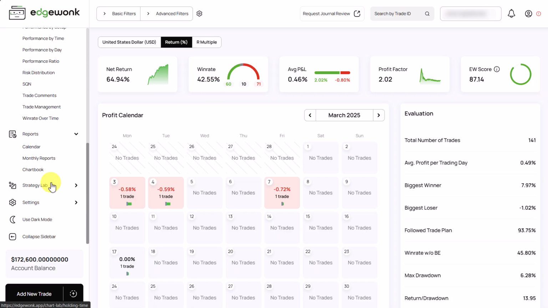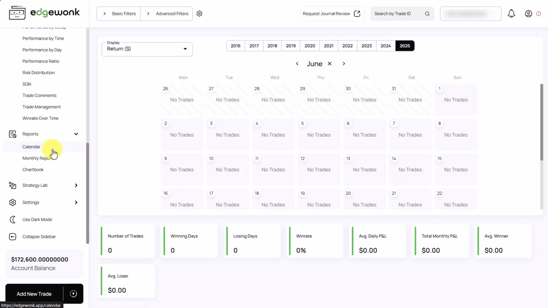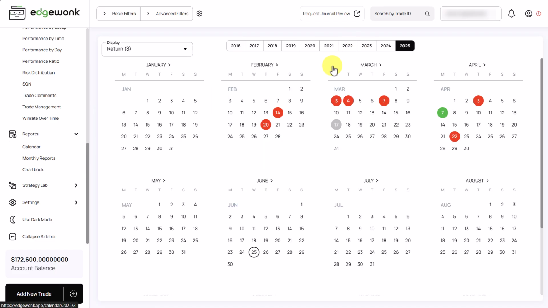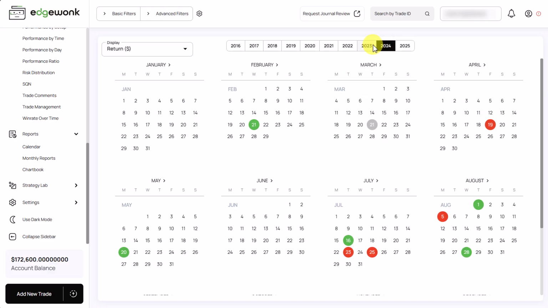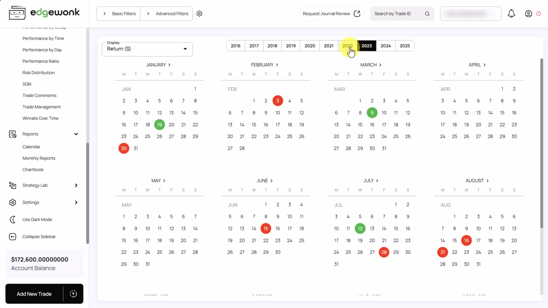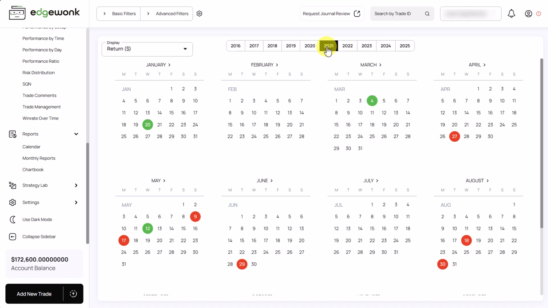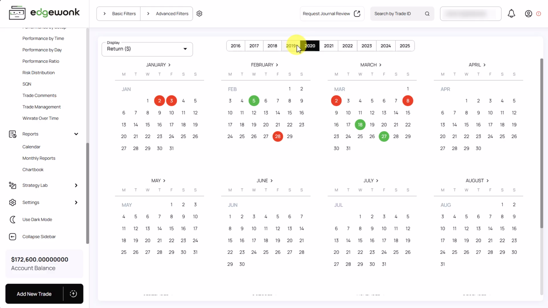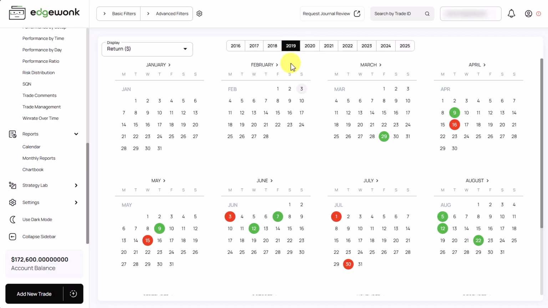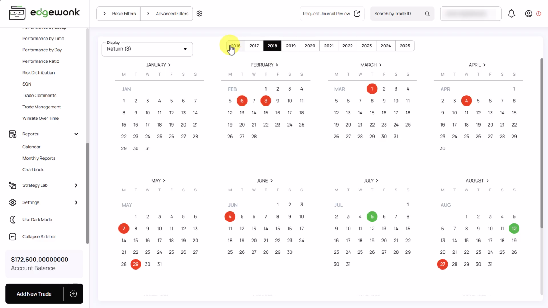What I find interesting, because this is a swing trading journal and there are differences for a swing trader and a day trader, of course, is that when we take a look at the calendar, there are only a handful of trades every year that the trader was able to find. There are years where there are only a few trades, and there are months without a trade, which is something that we definitely need to keep in mind.